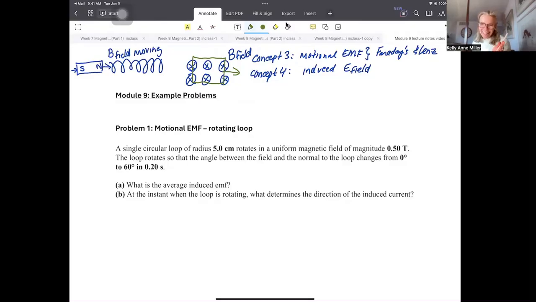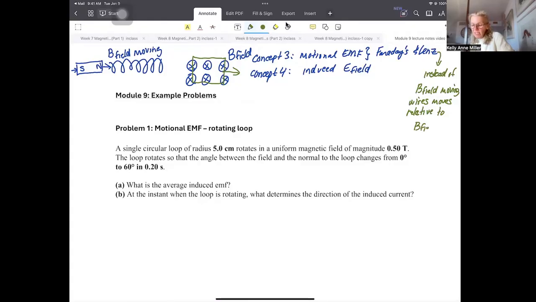That is motional EMF. Instead of the B field moving, the wire moves relative to the B field.